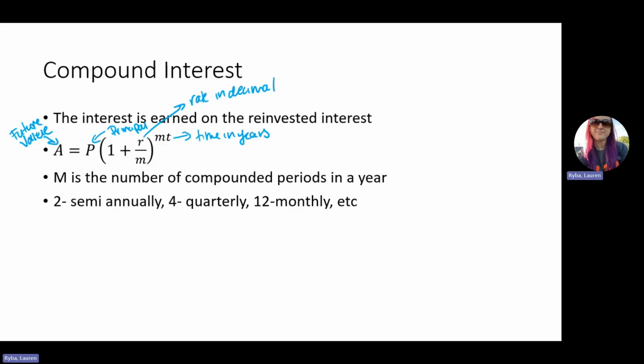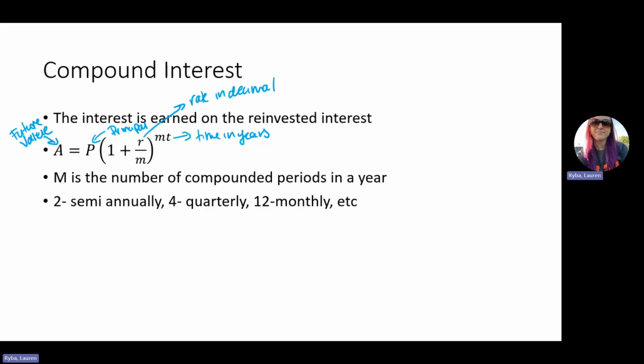But the concept is this variable stands for how many times in the year you get your interest. Generally, banks, like I said, do it once a month. You'll see it on your statement. At the end of the month, you earn so much extra that goes into your account. We have options, though. It could be semi-annually, which means 2. Quarterly means 4 times a year.